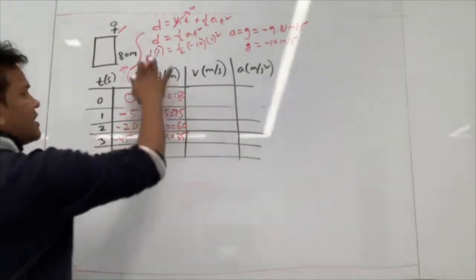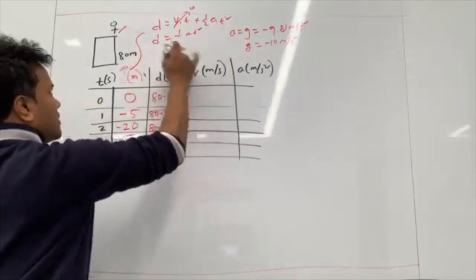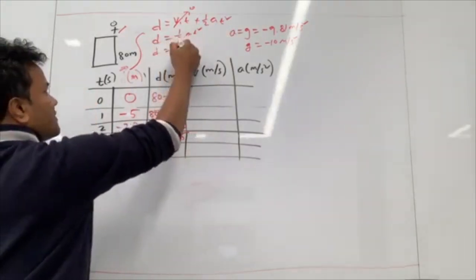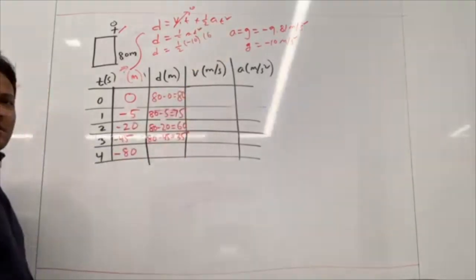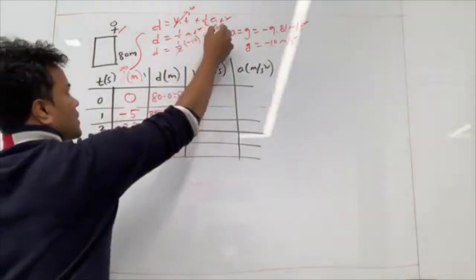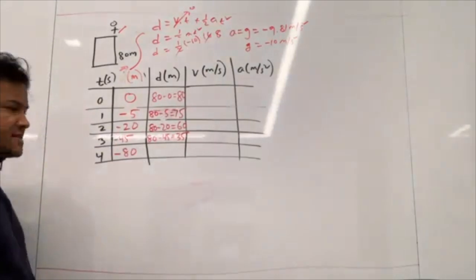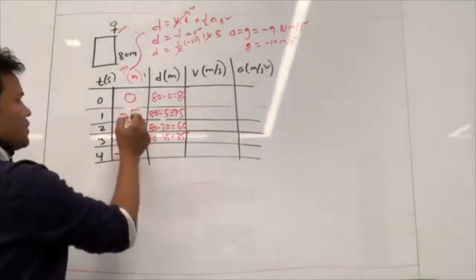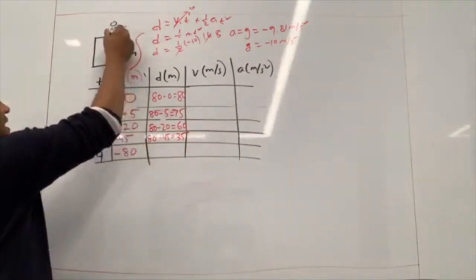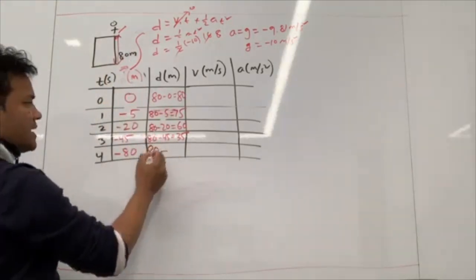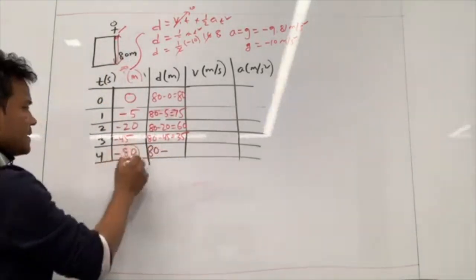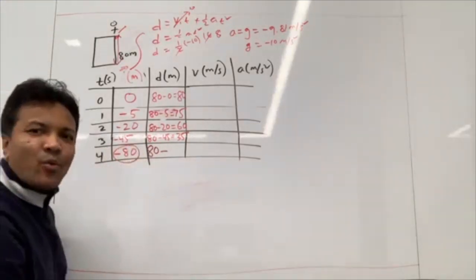How do you get 80? I'll show you right now. d is equal to half times negative 10 times 4 squared, which is 16. 8 times negative 10 is negative 80. So the building is 80 meters tall minus the ball is 80 meters away from your hand.